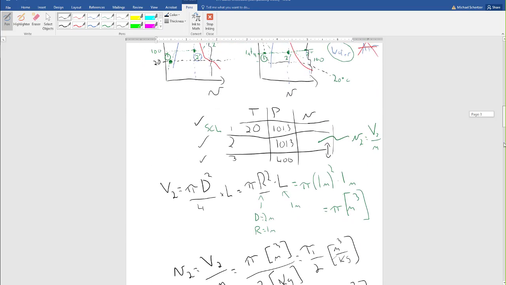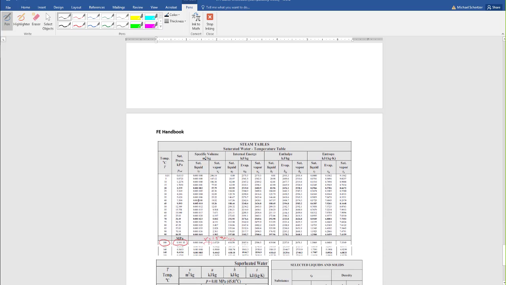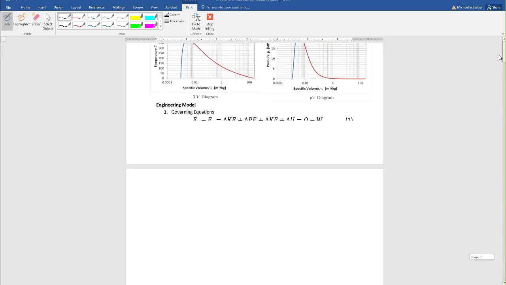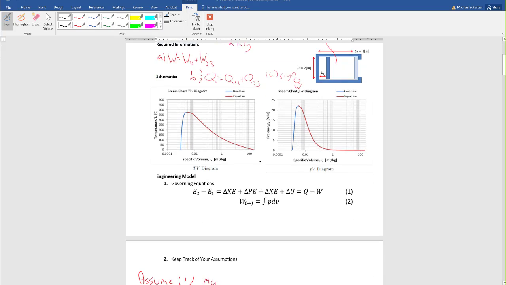So this is UF at 20 degrees. I'm at 20 degrees, and I can approximate this because it's a subcooled liquid, even though it's not a saturated liquid, right? It's going to be approximately this, 83.95. So now I have all my U values, which is pretty good.